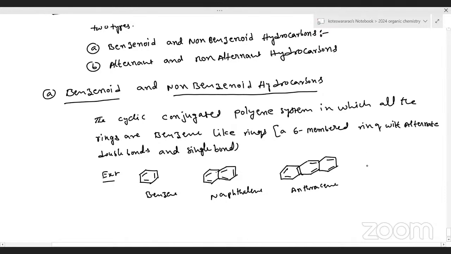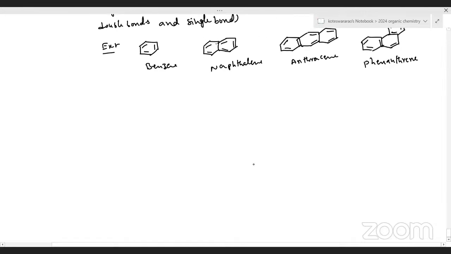Next, phenanthrene. Next, pyrene. These are all examples of compounds which belong to benzenoids.